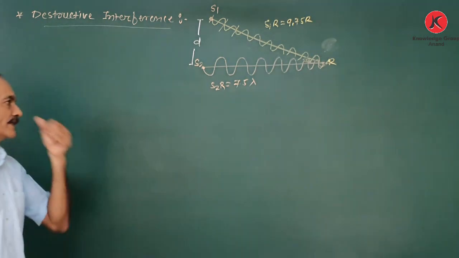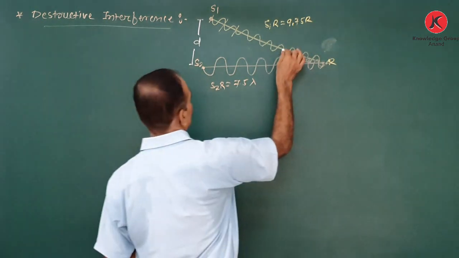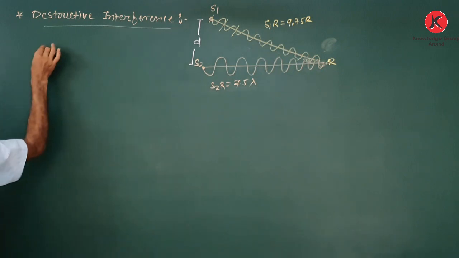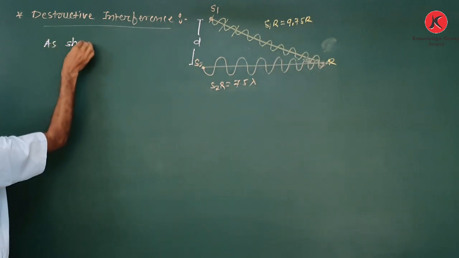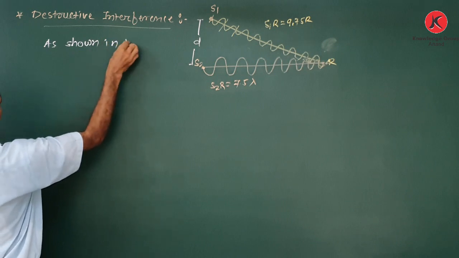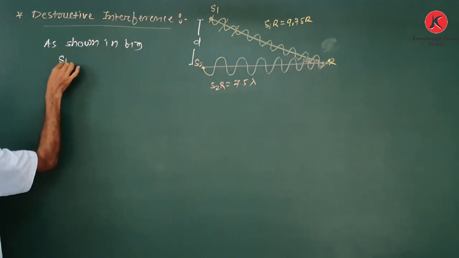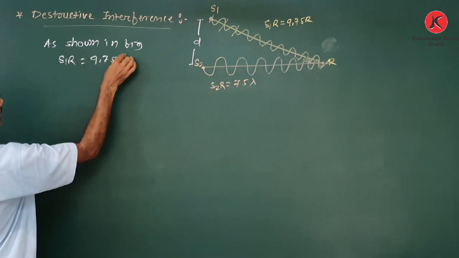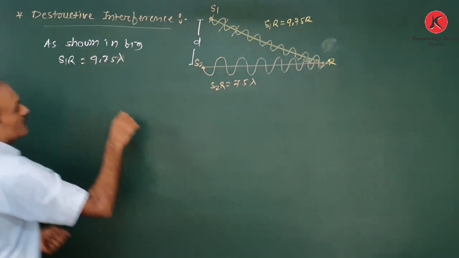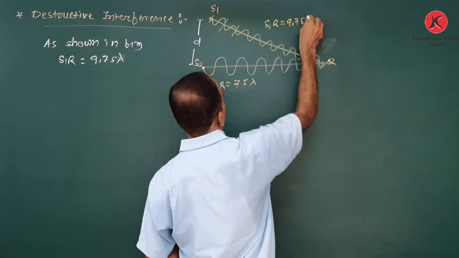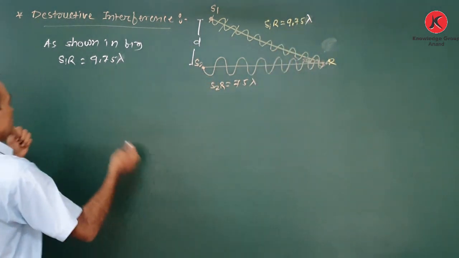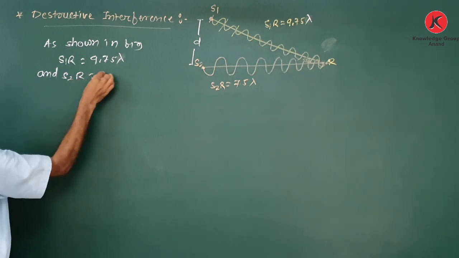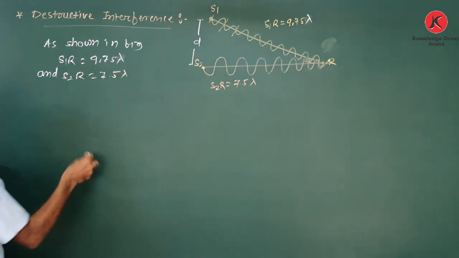As shown in the figure, S1R is equal to 9.75 lambda and S2R is equal to 7.5 lambda.